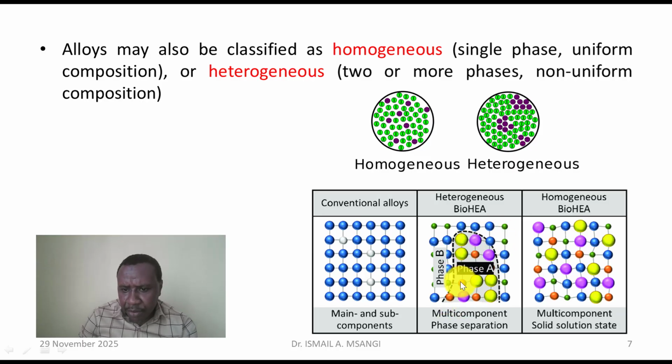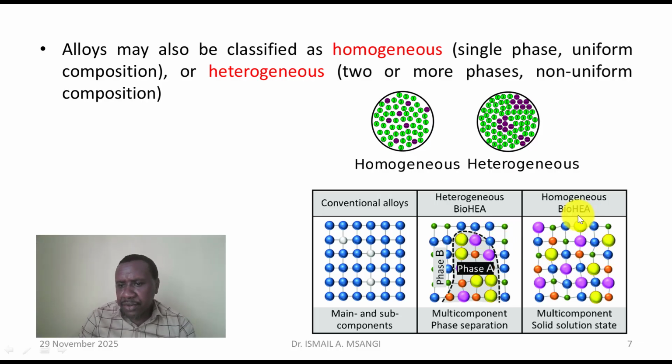Taking an example of this component here, you can see at the middle of these components, the concentration of the components is different from the sides of this component. So the sides of the component make different phases, and the middle part of the material will make another phase, where the composition of the middle part will be different from the composition of the other parts.